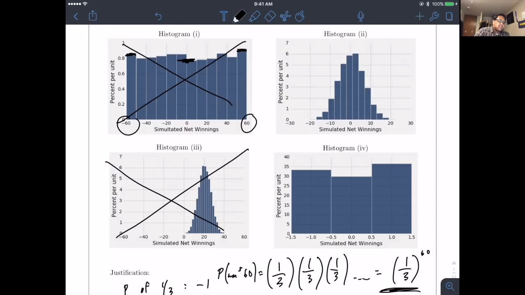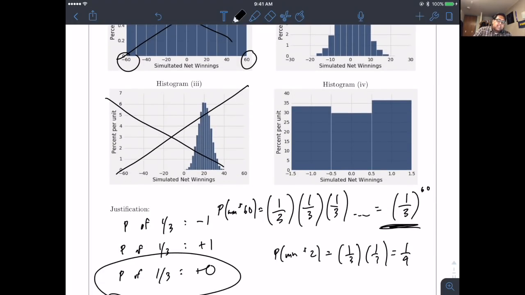So that graph is uniformly distributed. We don't really want that. And by the same token, this one is also not right. This one is uniformly distributed, but also the axes on this one don't really make sense, because we want to simulate the net winnings of $0 or $1 or $2.